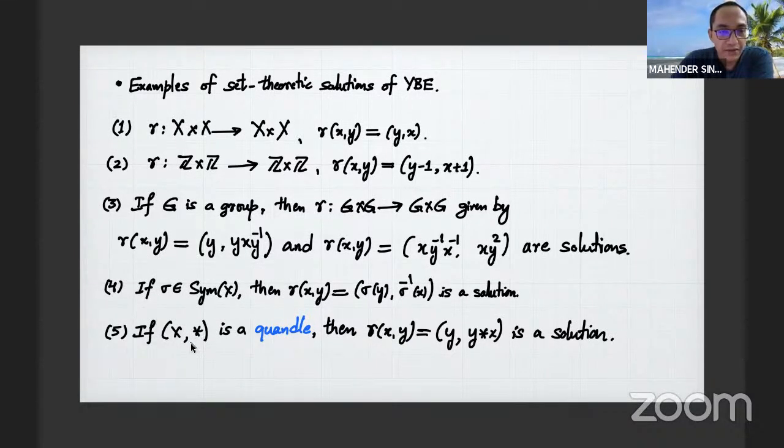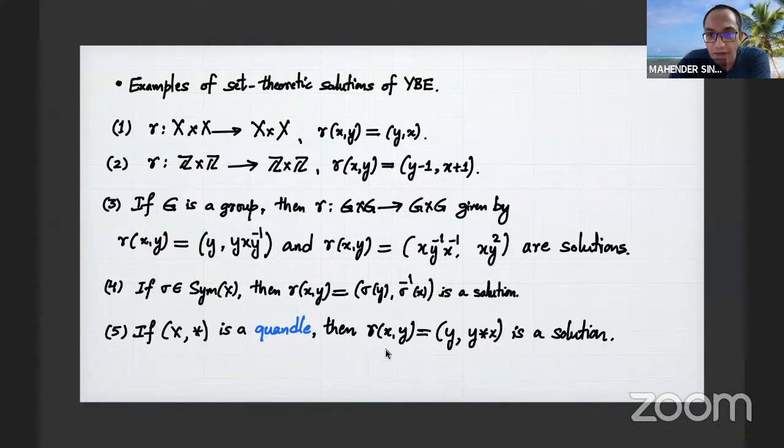Another example, which is more relevant to knot theory, is if you take a quandle. So what is a quandle? The first case in the third example is an example of a quandle. It's a set with a binary operation that has certain axioms, which are just an algebraic formulation of the three Reidemeister moves. There is an idempotency axiom, and in this case, my convention suggests that left multiplication is a bijection, and left distributivity.